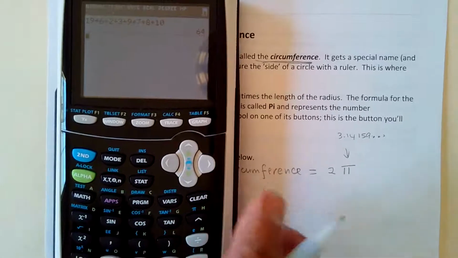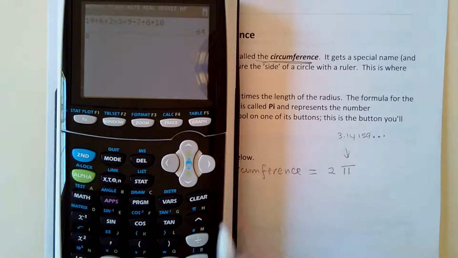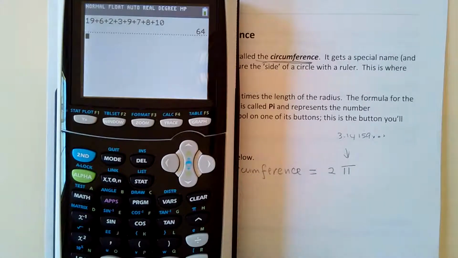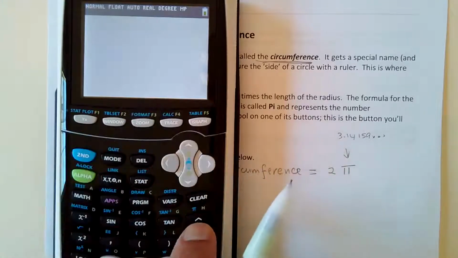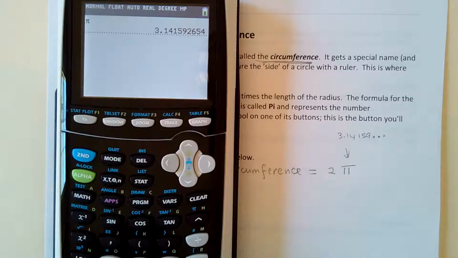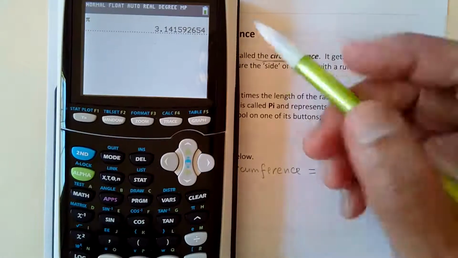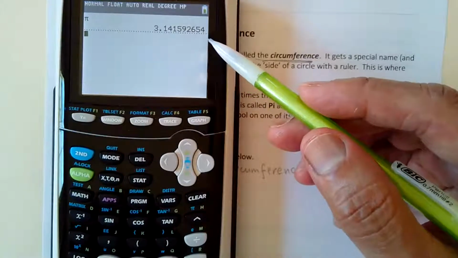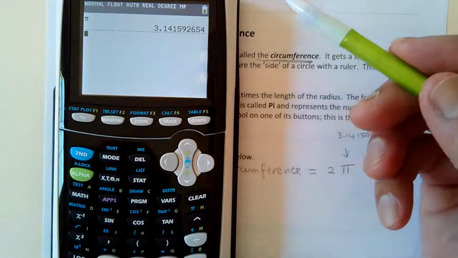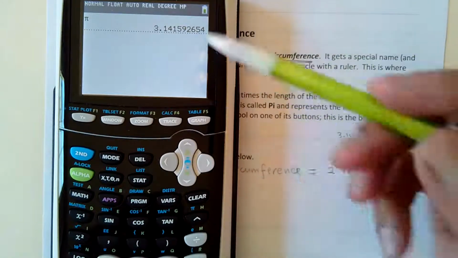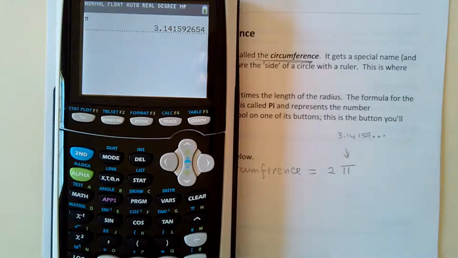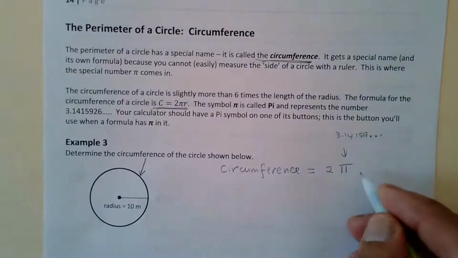Depending on your calculator, I'm going to use my value of pi. Now, this is an irrational number. It goes on forever. There's no end to it, at least no one has found the end to this. A non-repeating decimal. I'll talk about how pi came about. Times the radius.